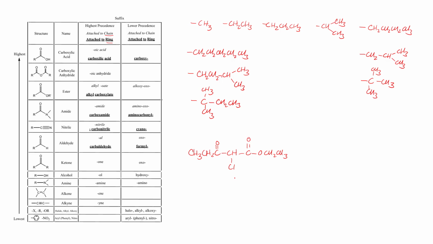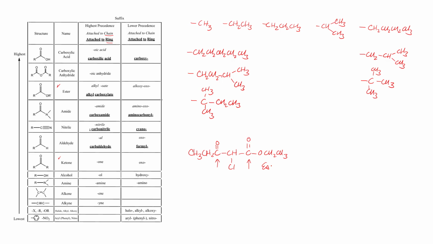Let's say, just to illustrate, number one, you look at the functional groups that are present. You have a ketone present here, and you have an ester there. We come over to the chart and we see that the ester is higher up than the ketone. So that means the ester is going to have the priority for the naming, meaning that its name comes last.